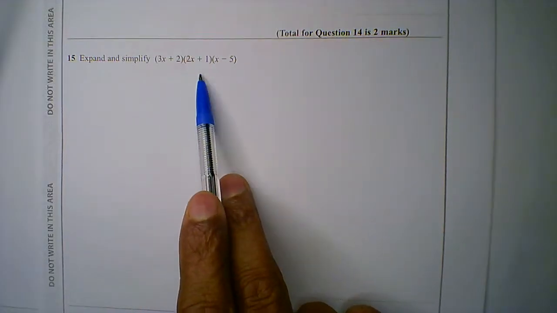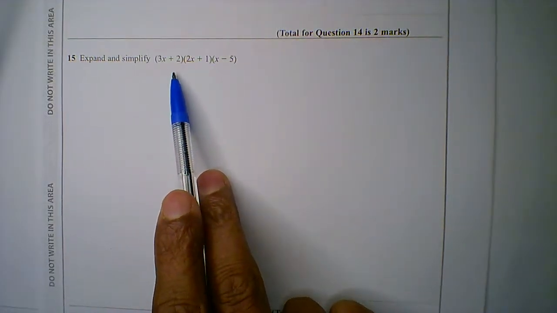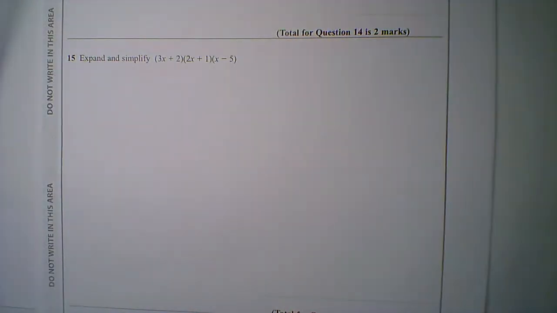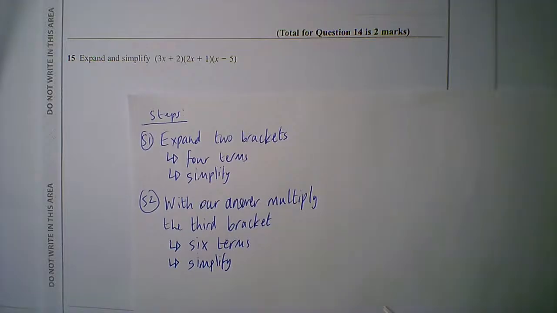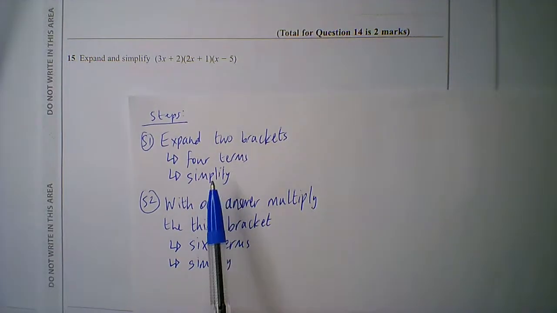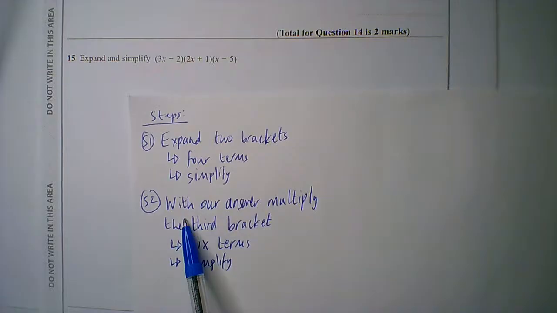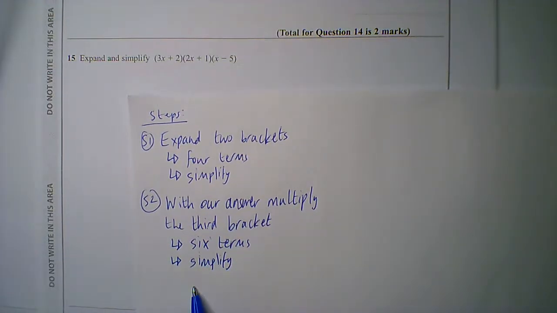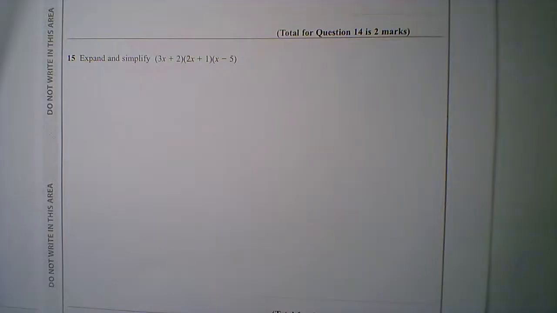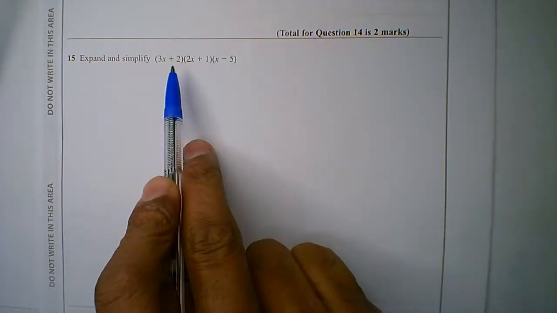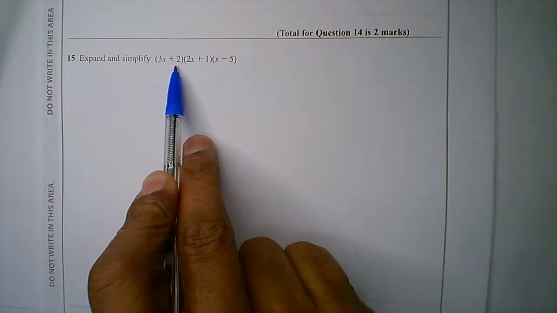So again, it's slightly harder than the first few questions we've done, but the same process again. Reminding you, expand 2 brackets, we'll get 4 terms, we simplify. Then with our answer, we multiply it with the third bracket, we get 6 terms, and then we simplify. So let's do it. Here I've got negatives, so I'm going to keep it simple by expanding the positive ones.